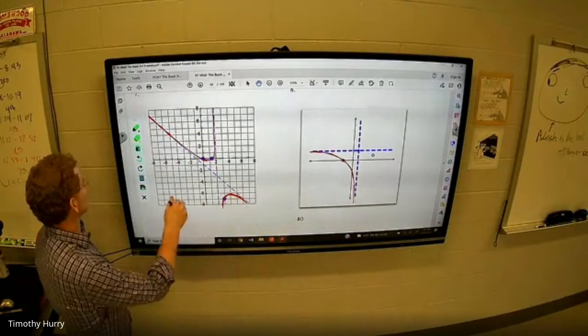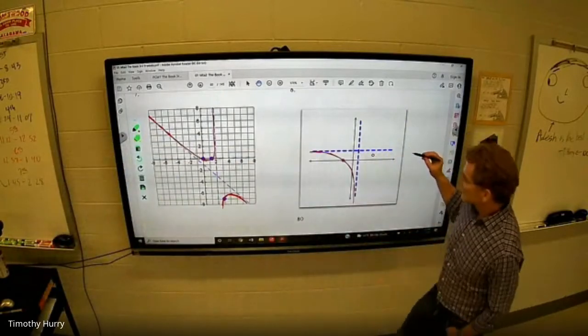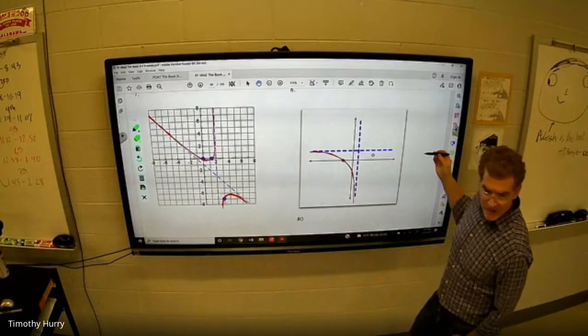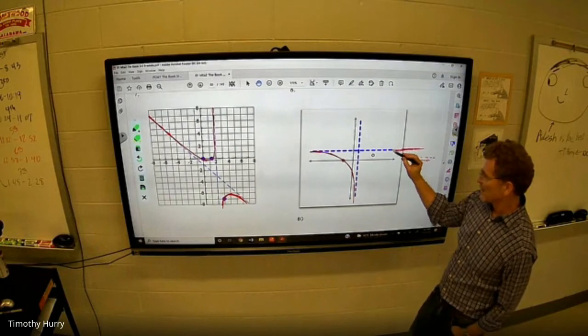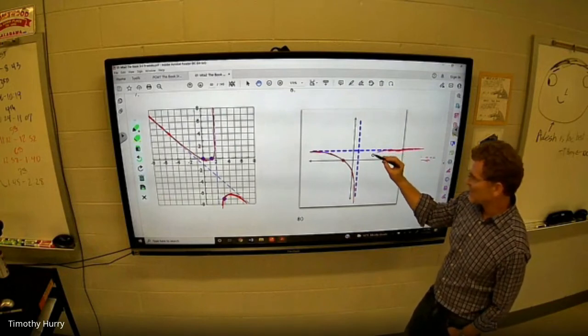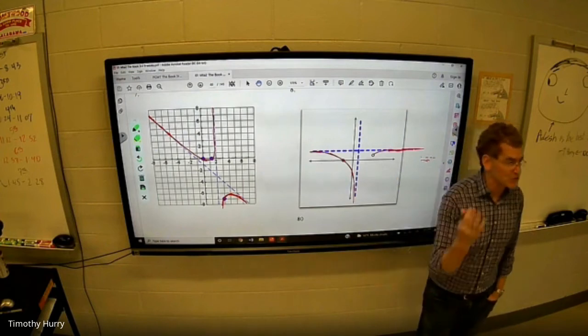All right, what about the other side? This is probably the trickiest one so far. You can't cross the x-axis. Starting out here, so I'm coming in on this, right? What are my options? I've got to hit the hole, and I have no choice but to go back up because there's no place to cross.